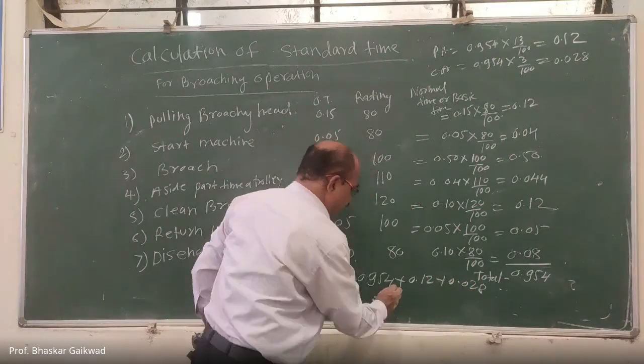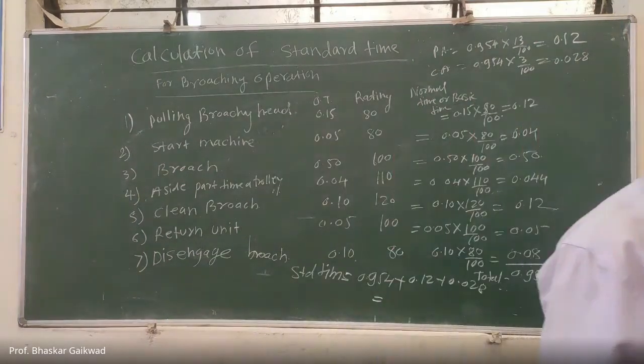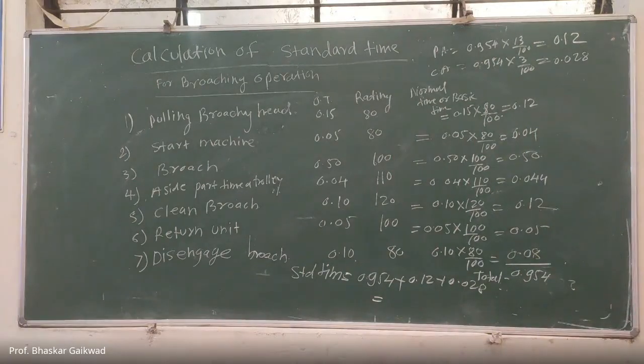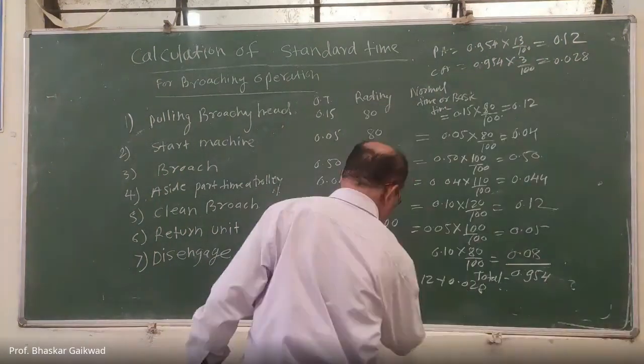How much? Calculate standard time. This is equal to the total normal or basic time, that is 0.954. So here it is 1.102, like this way.